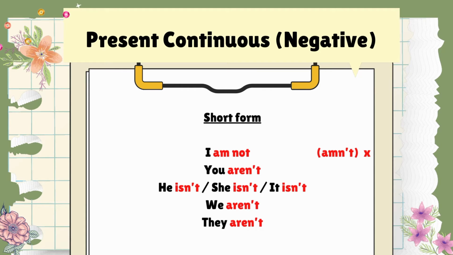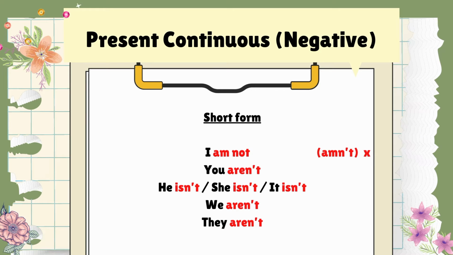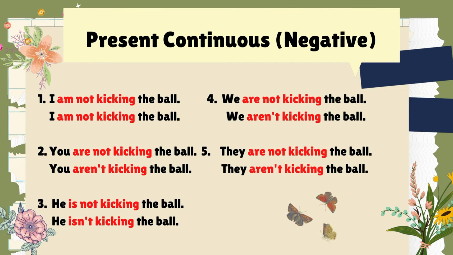You aren't, he isn't, she isn't, it isn't, we aren't, they aren't. For the short form, you need to combine the be verb and the not, and you just need to replace the o with the apostrophe.